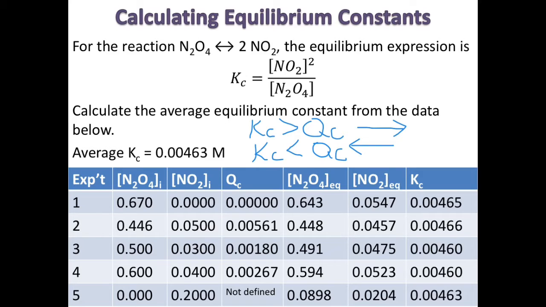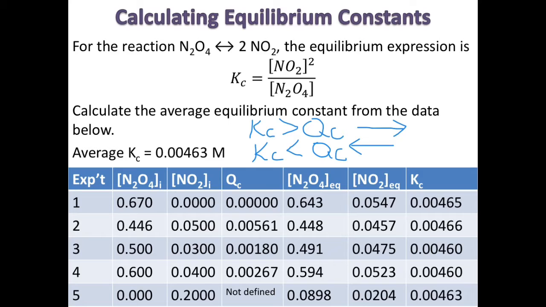Well, let's look at the one in the middle, reaction 3, where the concentration of N2O4 is 0.5 molar and the concentration of NO2 is 0.03 molar. The Qc is 0.00180.